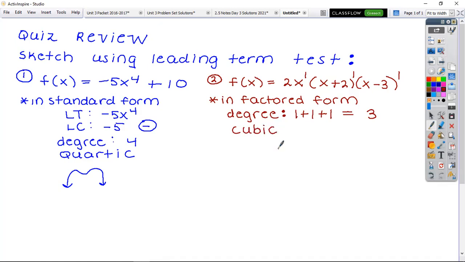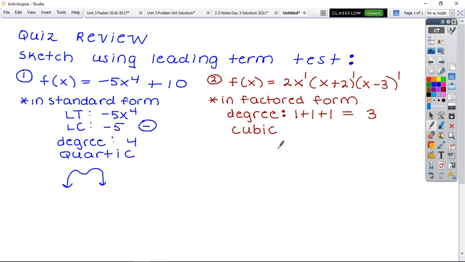And then the last thing we need to do is figure out how it opens. So we would need to figure out, you don't have to multiply it through, but if you pretended you did, what's the leading term start, positive or negative? Well, what do you guys think? Do we see anything negative in here for the x's? No, if you multiplied this through, this would be x squared.